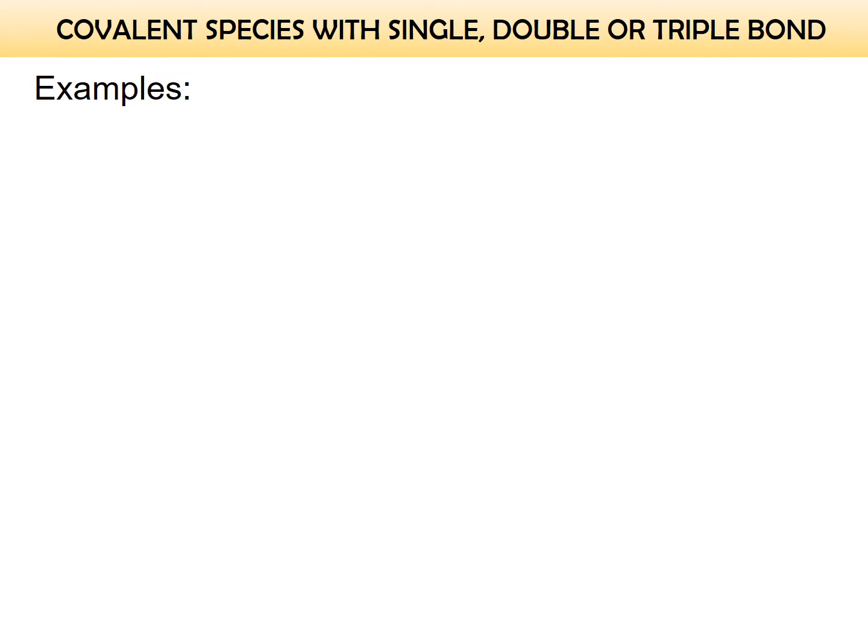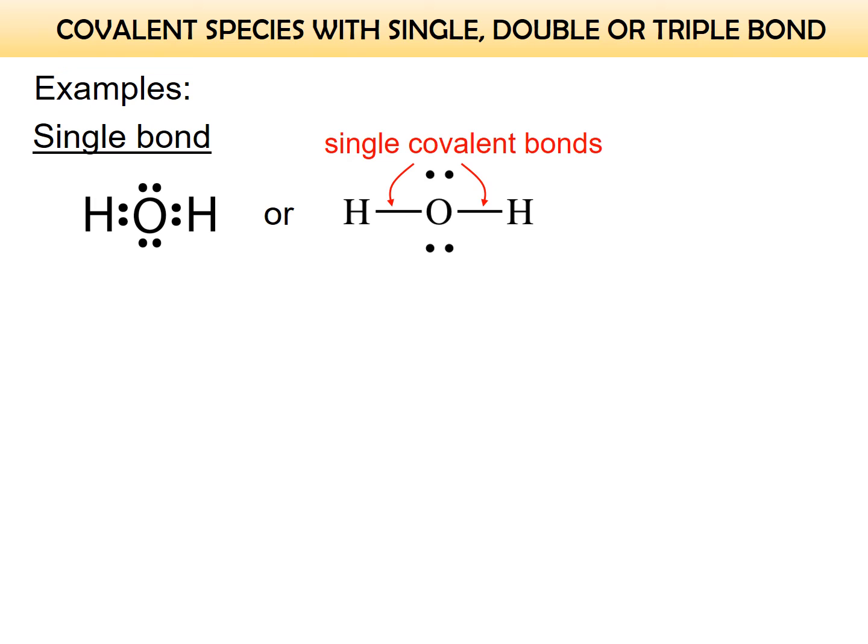Covalent bonds can be single, double, or triple bonds. Single bonds occur when 2 electrons are shared and are composed of 1 sigma bond between the two atoms.